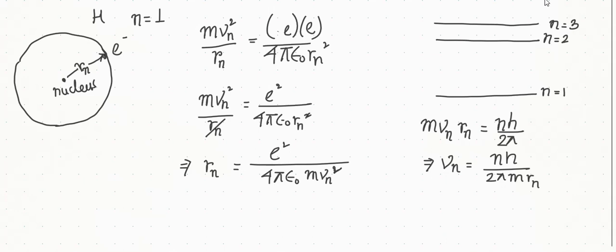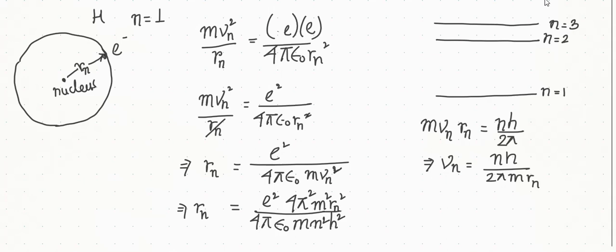Now if I put this value here, rn equals e square divided by 4 pi epsilon 0 m vn square, where vn square is n square h square over 4 pi square m square rn square. Here I have basically put in the value of 1 by vn square, where vn is n h divided by 2 pi m rn.